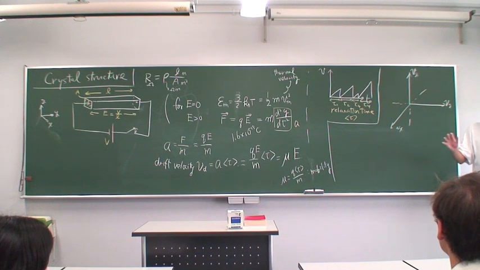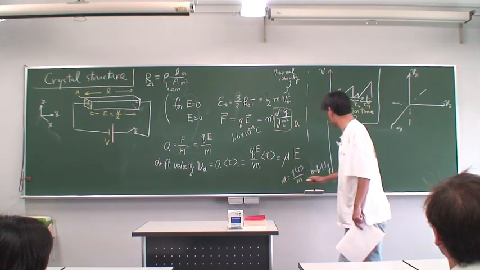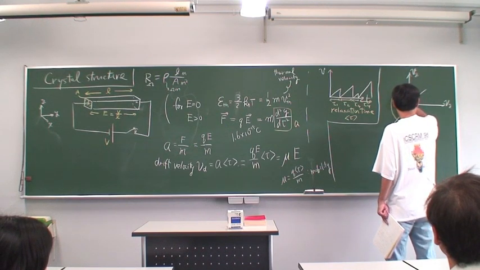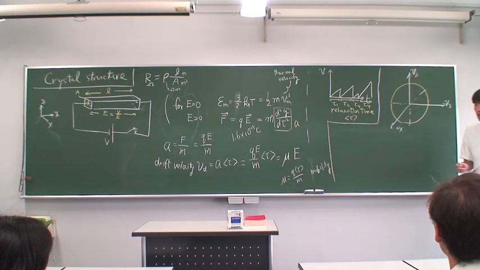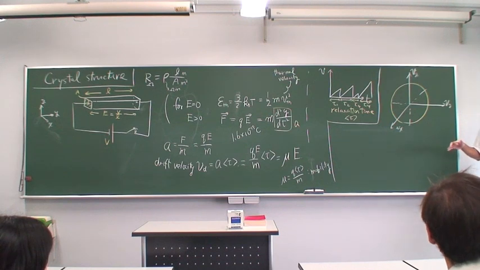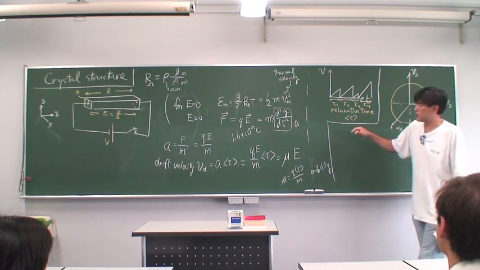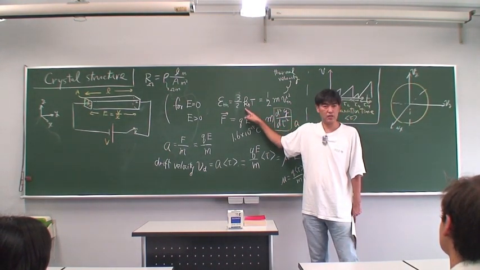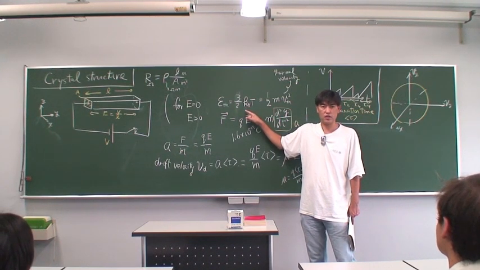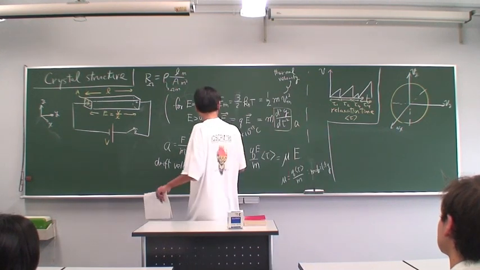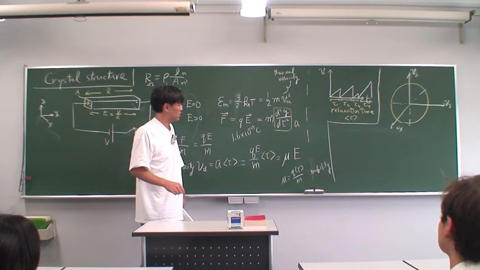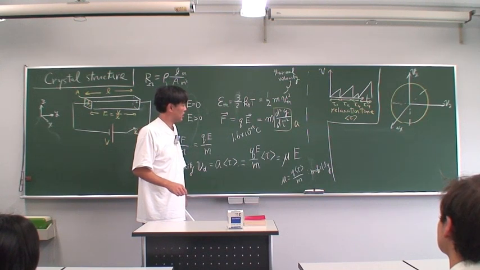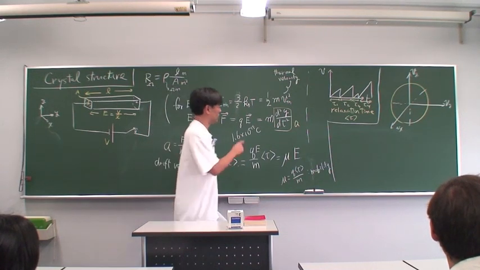It's random, right? So V thermal gives something like a sphere around the center. This sphere becomes large or small depending on the temperature. But V thermal is large because kT is very large.